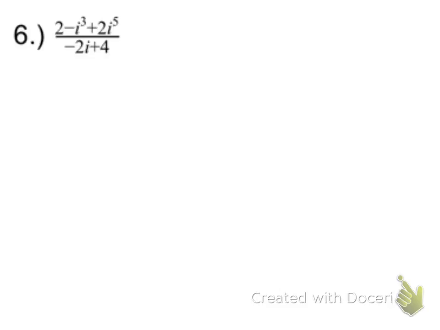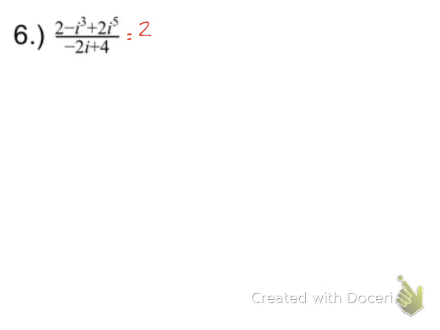There's only like 3 choices. You have i, negative i, or positive 1. So i to any power will become one of those choices. So if you have something that has an i with a power on it, simplify it first, then you can continue on. So to simplify it, expand it, right?